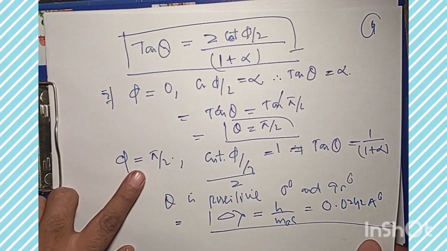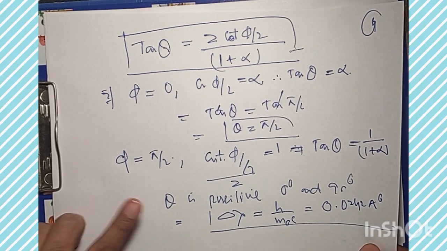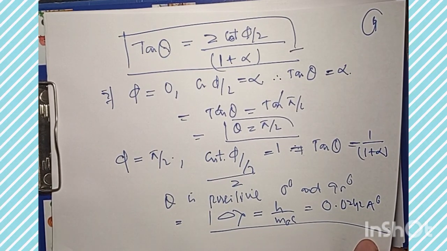For phi equal to pi by 2, theta is positive, and theta can lie between 0 and 90 in this case.